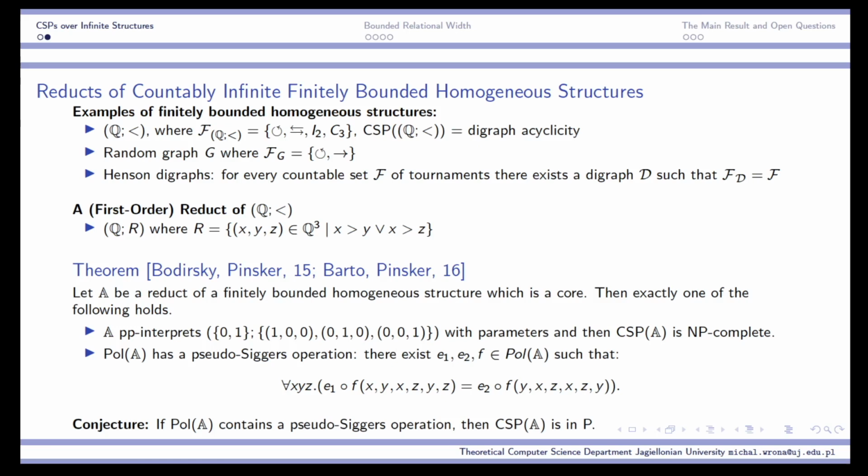But it's also known that there are some problems tractable in P which don't have canonical pseudo-Siggers operations. So it seems that we need to develop an algorithmic technique which always works for reducts of finitely bounded homogeneous structures preserved by a pseudo-Siggers operation.